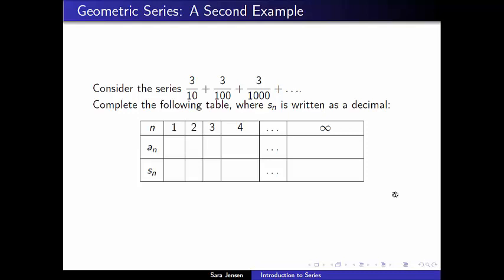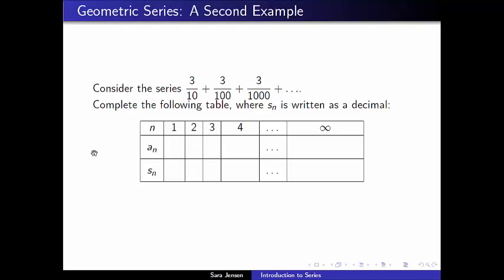Let's finish up these videos by going back to that second example that we presented, the series 3/10 plus 3/100 plus 3/1000, and so on. Let's go back to this table where n is denoting the term we are in the sequence. Here I've chosen to start counting at first term, second term, third term, fourth term.